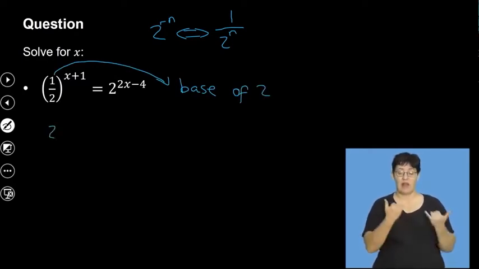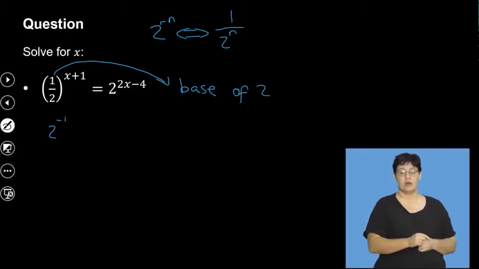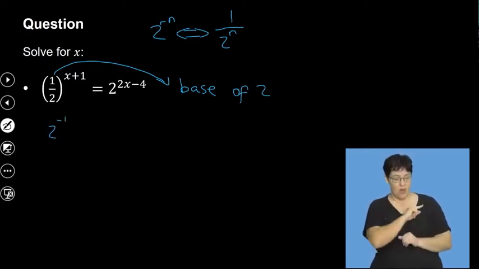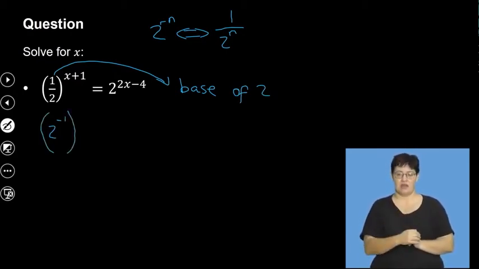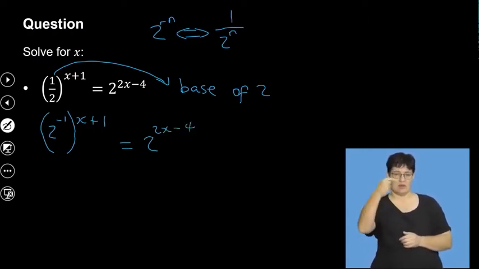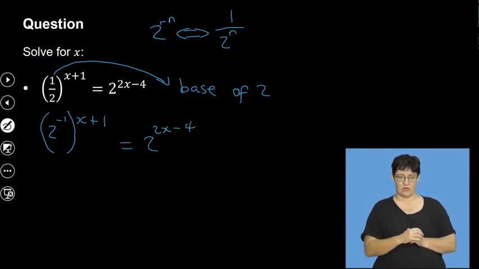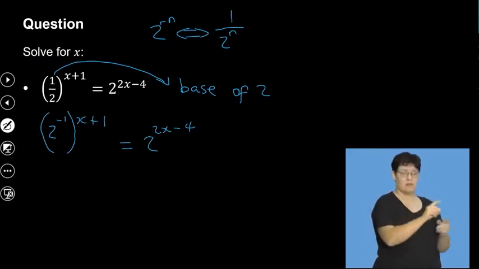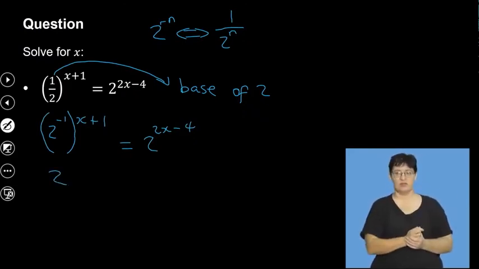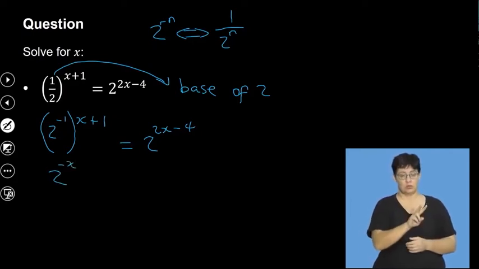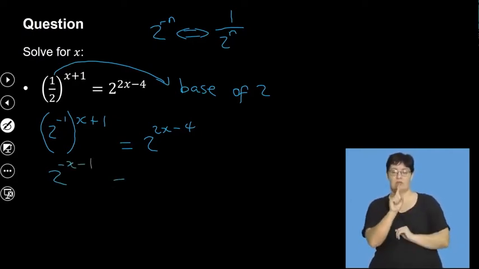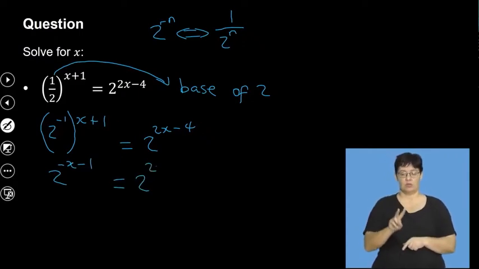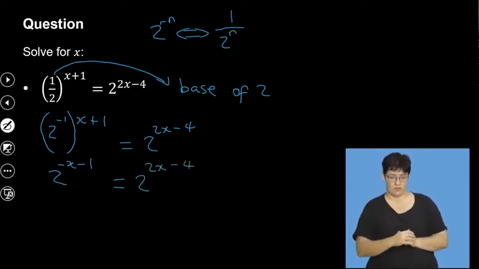It means it will be 2 to the exponent of minus 1, because my n in this concept will be 1. And then all of this to the exponent of x plus 1 equal to 2 to the exponent of 2x minus 4. Now, before I can allow any other step, I must remove my brackets. So making this 2 to the exponent of negative x minus 1 equal to 2 to the exponent of 2x minus 4, right?